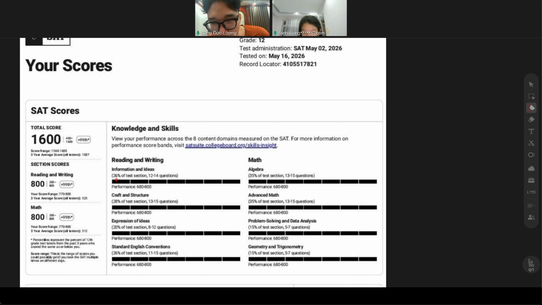It will make up 26% of the test section, equivalent to 12 to 14 questions.